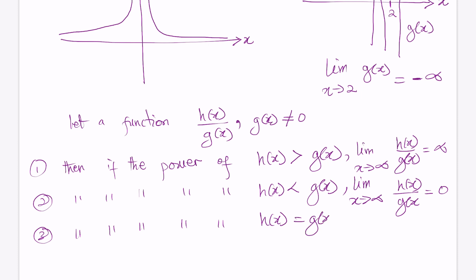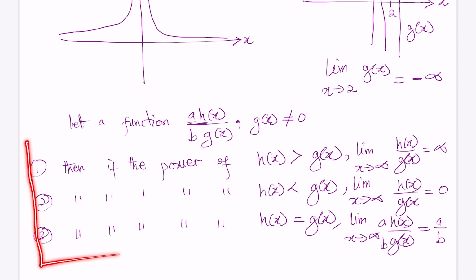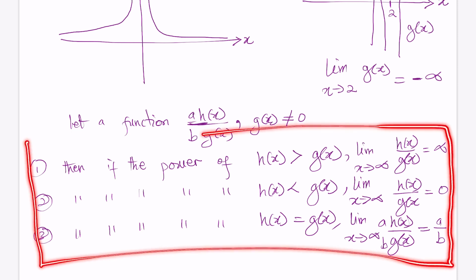Then the limit as x approaches infinity of h of x divided by g of x will be the ratio of the coefficients. Let's say we have a over b. Then the answer will be the coefficient of the 2 functions. So this summarizes how to find the limit as x approaches infinity.